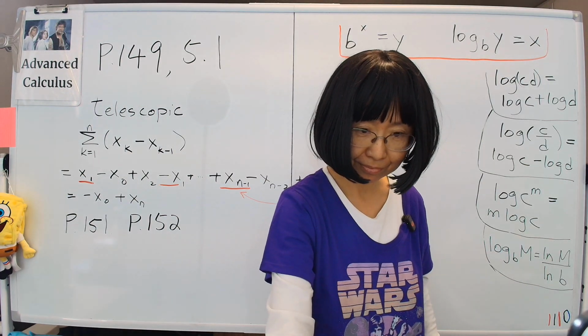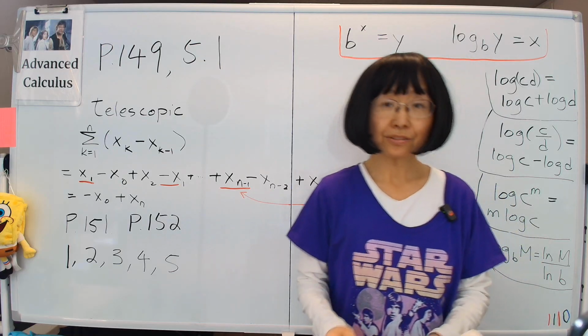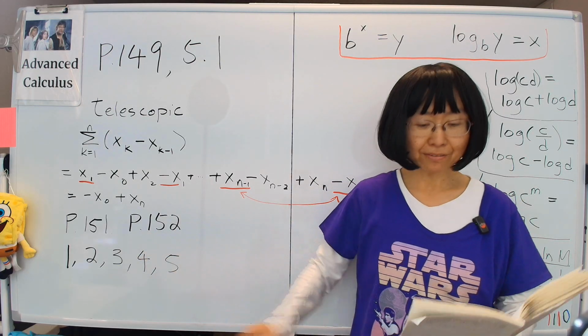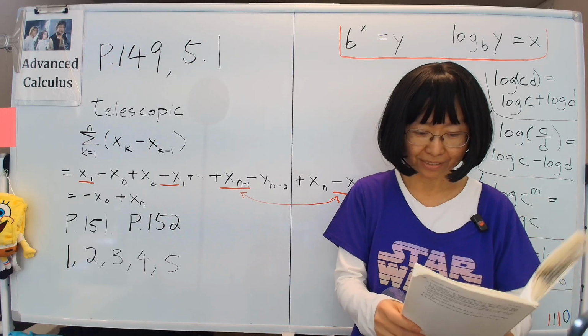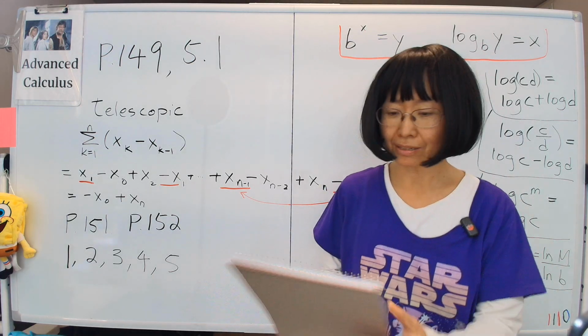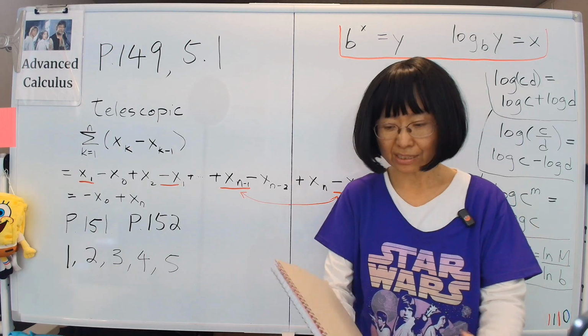So let's first talk about problem 1. In fact, problems 1 to 5 are all about step functions, so I'm not going to say too much about them. It's just a matter of paying attention to the details.